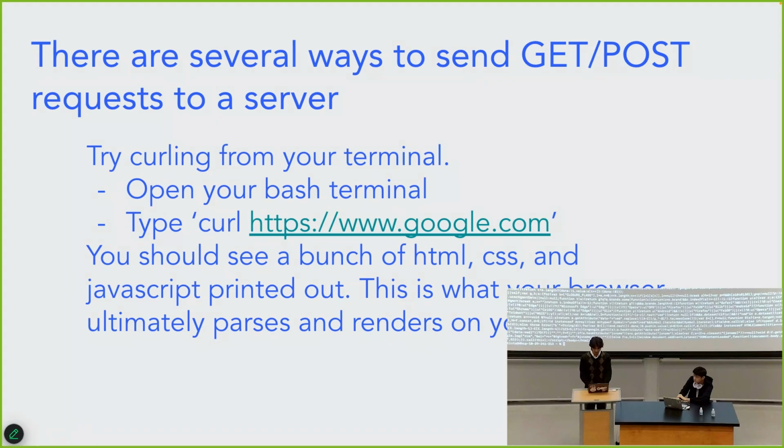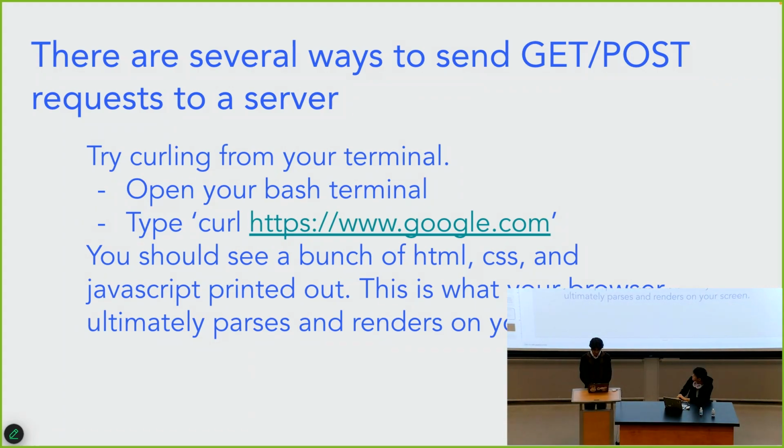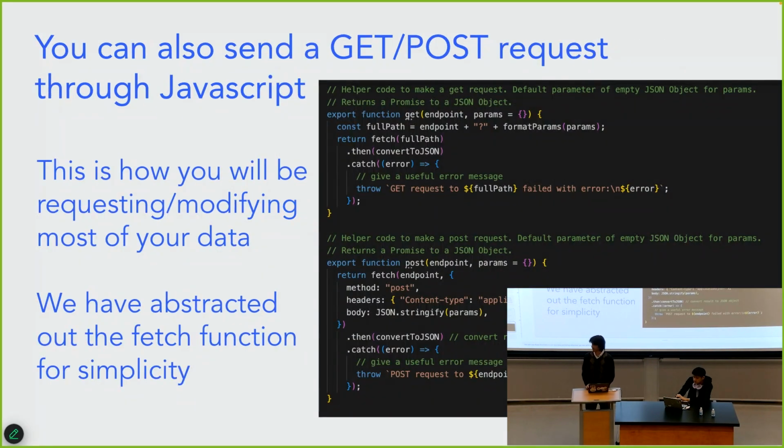And then finally, the way that you will be sending HTTP requests will be through JavaScript. I'll give you a second to parse all of this. Essentially, we're using the fetch function in JavaScript to send a request to some server.